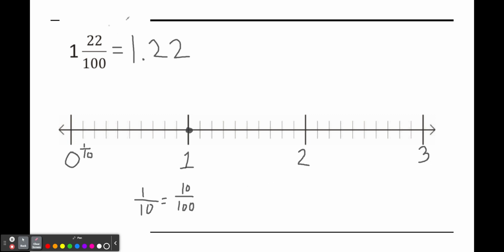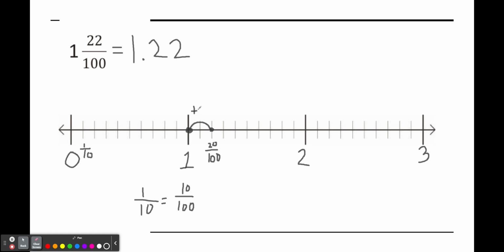So I have 22 hundredths. So if I go to 2 tenths over here, I will have 20 hundredths. But if I go to 3 tenths, that's going to be too much.